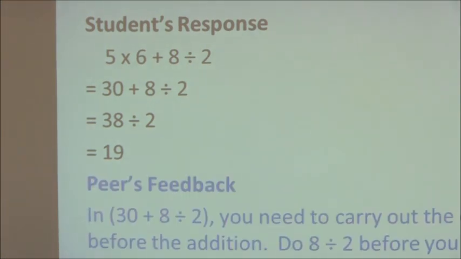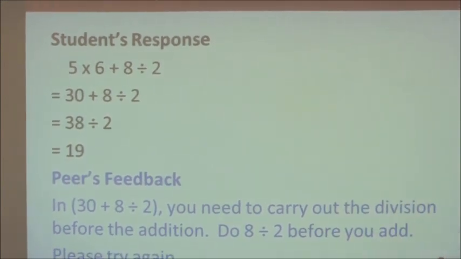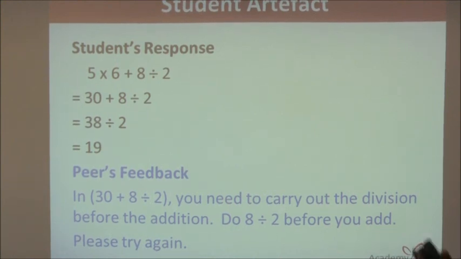After her response, one of her classmates provided the feedback. Before this exercise, I had modeled the process of how to give feedback to the student. So this is what she has done. She says the first step is correct. This step is properly performed. However, in this step, she needs to do the division before addition.